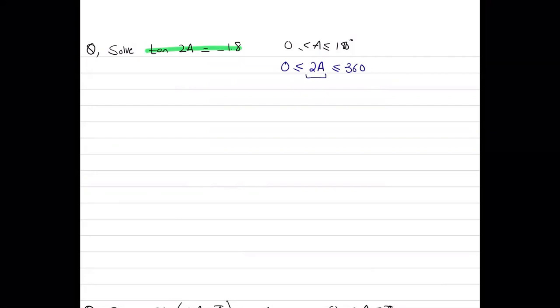So I'm going to solve for 2a first. Tan of 2a, that's my angle, is equal to negative 1.8. So where is tan theta negative? In the second and fourth quadrants. These are the two quadrants where tan theta is negative. So what is the basic angle?